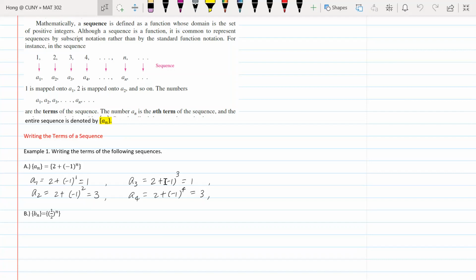Then a sub 5 is 2 plus negative 1 raised to the fifth power, because five is an odd number. The fifth power of negative 1 is negative 1, so it equals 1. A sub 6 equals 3 again.